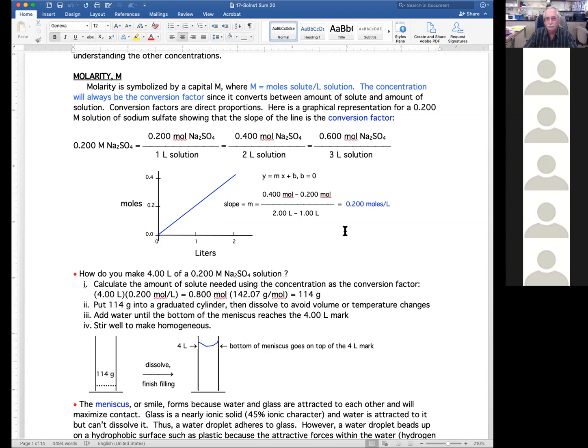So in chapter 18, we go through a whole bunch of different kinds of other concentrations. But it doesn't matter. The concentration is always going to be your conversion factor. You're converting between one thing and another thing. That's it. No matter what it is. This could be grams. This could be milliliters. See what I'm getting at? And it's all a direct proportion.